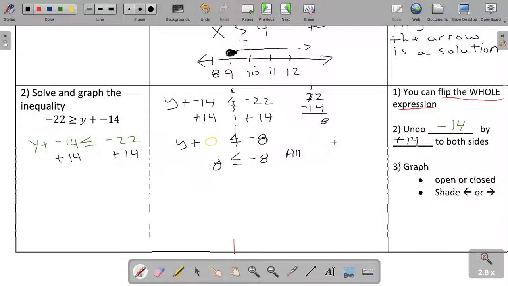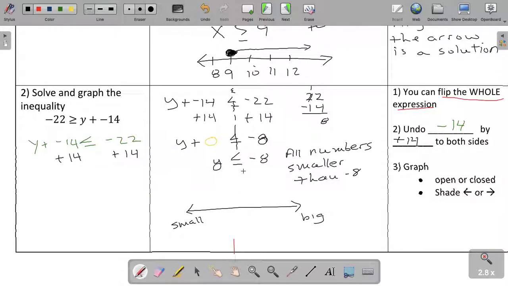All numbers smaller than negative 8. Okay, so we know the smaller numbers are this way and the big numbers are this way. If I want all the smaller numbers than negative 8, we have to start right there.